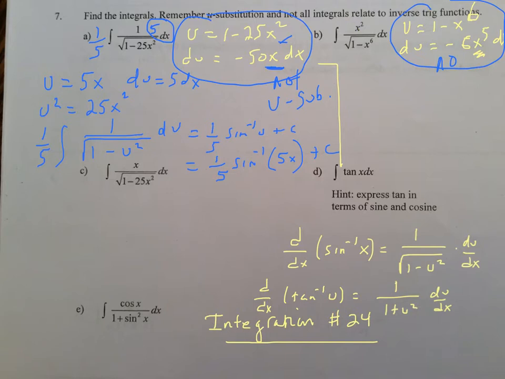I was thinking about this problem B with 1 minus x to the 6th, and since it's a square root and I've already determined that a regular u substitution doesn't work, I'm going to look at a sine inverse and try to figure out what u might play into this problem, if I could find something that would work exactly as it's supposed to.